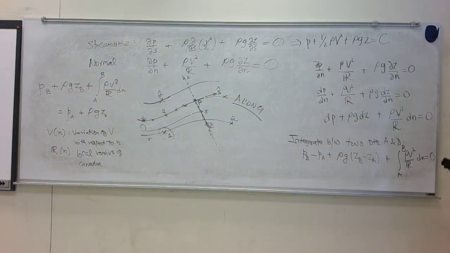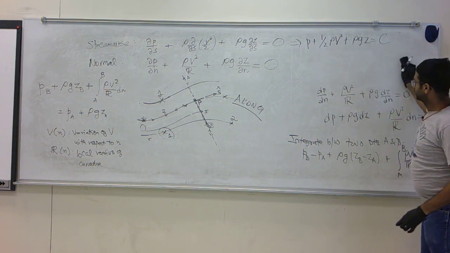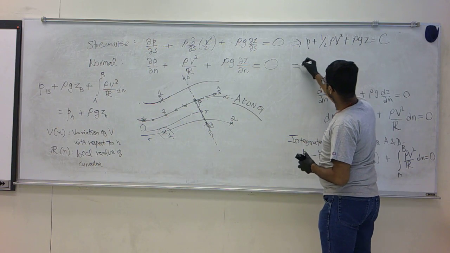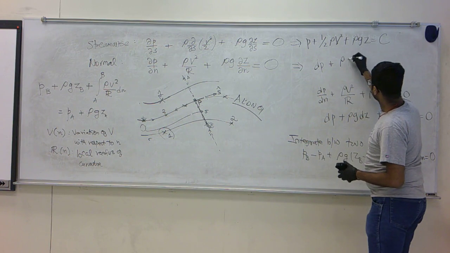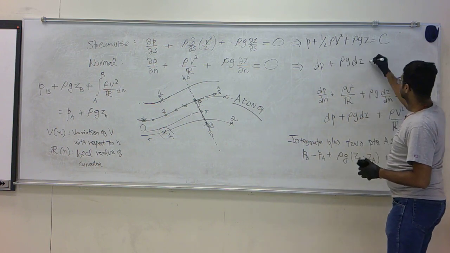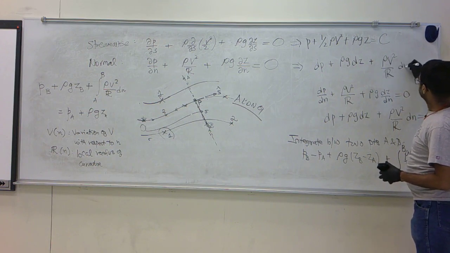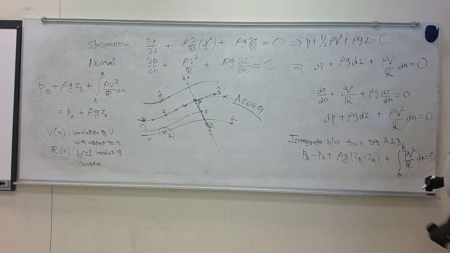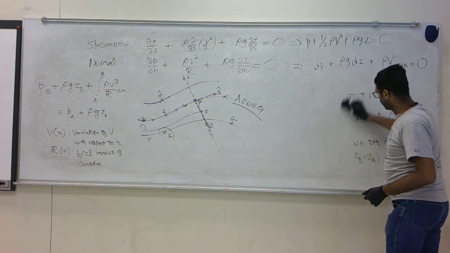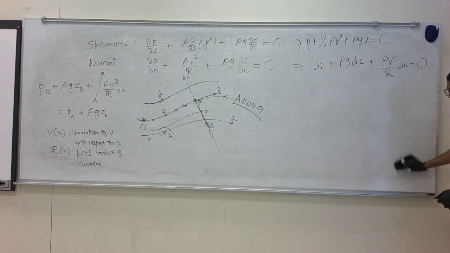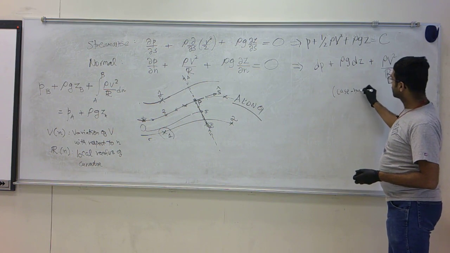So what we'll do is we'll try to write dp plus rho g times dz plus rho v squared over r times dn equals 0. We'll write it this way, and instead of doing an integration and trying to derive a universal formula, we will apply this equation on a case by case basis.